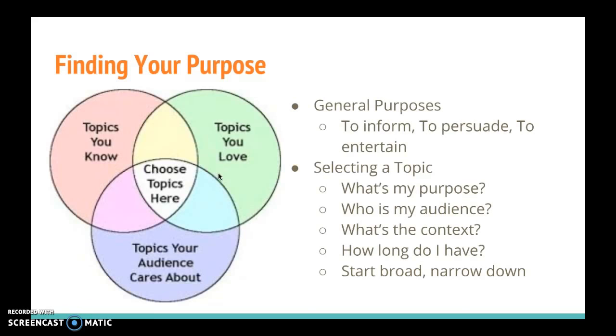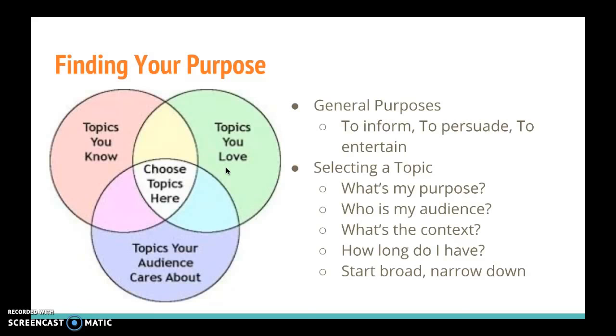Then you want to choose topics that you love, because this makes the speech writing process, dare I say, fun. Because when you are researching your topic, when you're trying to figure out how you're going to present the topic to the audience, you're going to do it with passion and you're going to do it with interest. And that is going to change the speech in a lot of really dramatic ways that you don't really think about.